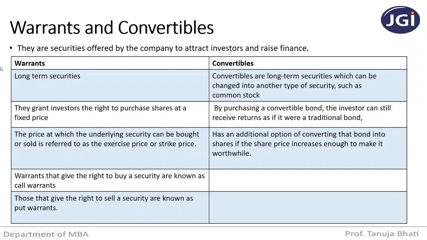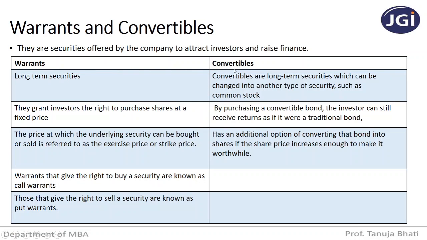When we say ordinary shares, it is the equity shares. So a company will allow the investor to purchase ordinary shares at a fixed price over a fixed period of time or in perpetuity. The price of the shares is usually higher than the market price at the time of issue.